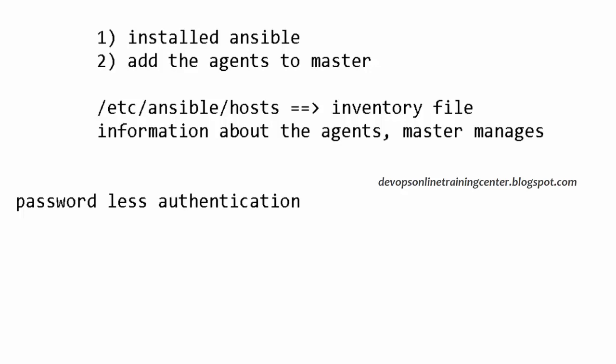Generally when we do SSH, it asks for the password, but to use Ansible, we need to set up passwordless authentication. Then only the master will be able to communicate. If you want to do automation, it should not ask for the password. It should have control over the agents. That's the reason we set up passwordless authentication between the master and the agents.